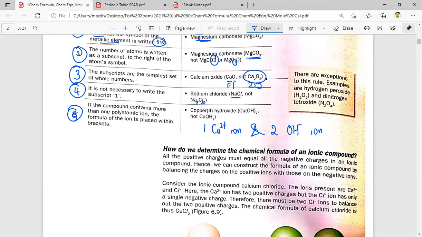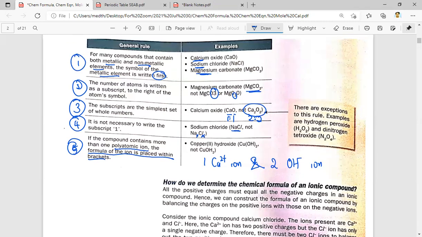I need to place the OH in brackets. So for polyatomic ions, you need to make sure that the formula is placed within brackets if you got more than one of it. So these are the few rules.